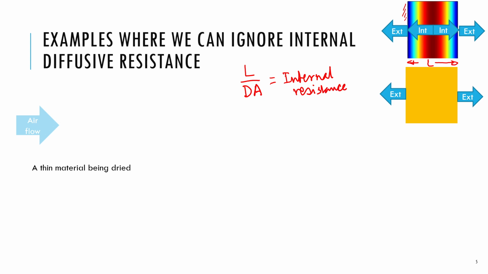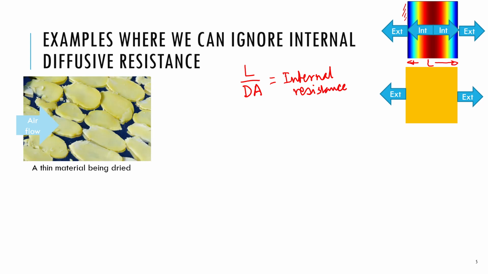So when is it small? If I have a thin material being dried, then it doesn't take that much effort for the moisture to diffuse from the innermost point to the surface. So this is what we mean by small internal resistance.